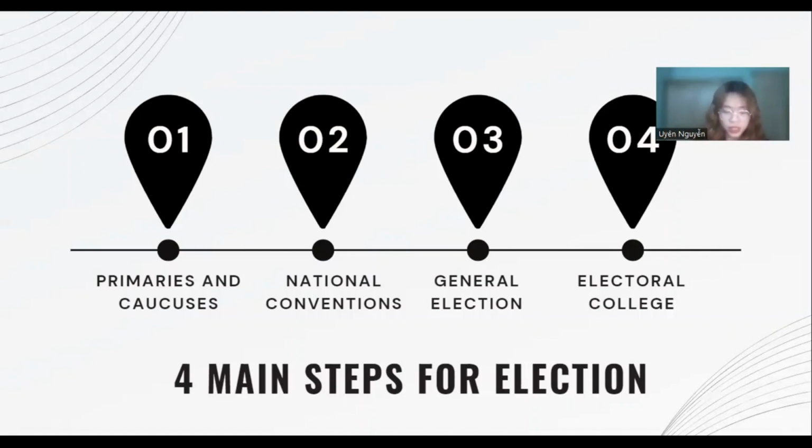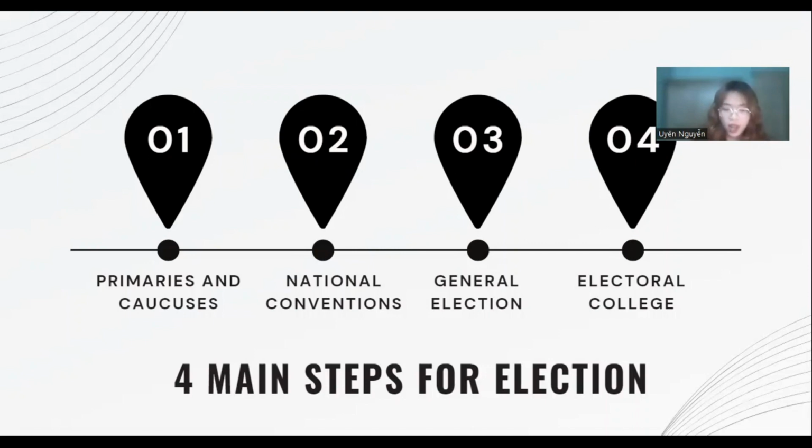In a caucus, party members select the best candidates through a series of discussions and votes. In a primary, party members vote for the best candidates that will represent them in the general election. Then we move to step 2, the national convention.